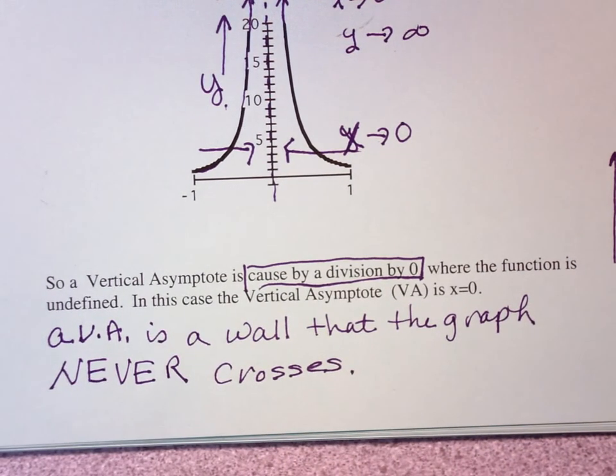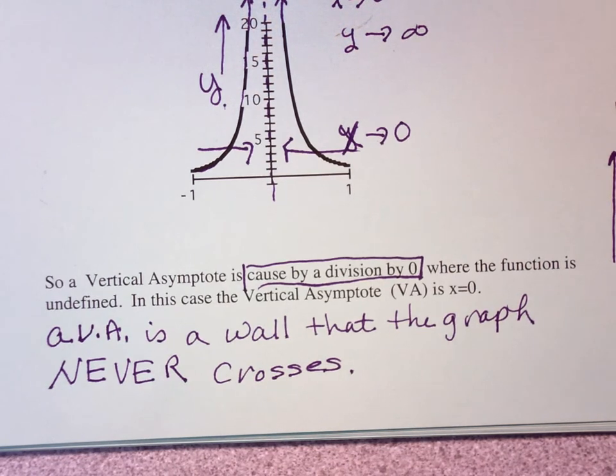It's like looking at that wall. Now, unless you're one of the X-Men, and I think it was Shadowcat that can walk through walls, you're not going to go through that wall. You may find a way around it. In other words, you would walk along it to see if there was an opening, but you're not going to be able to go through it. And that's what a vertical asymptote is.